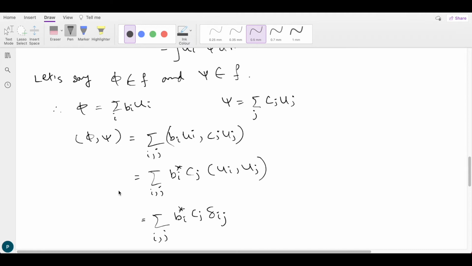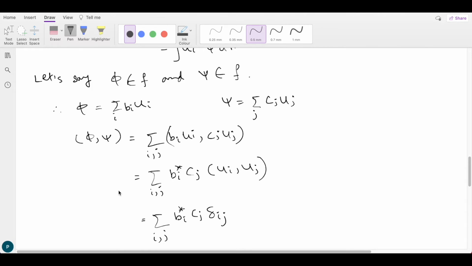Let's say phi and psi are two wave functions which belong to wave function space F. So we can write those wave functions in terms of the basis as summation of bi ui and summation of cj uj. We are changing the dummy index to avoid misunderstanding. So the scalar product of phi with psi is the summation over ij.